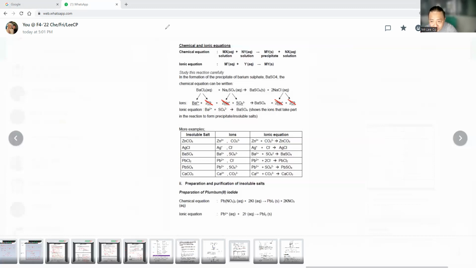So we are going to start this reaction carefully. First of all, BaCl2. I want to ask you, is BaCl2 soluble or not?